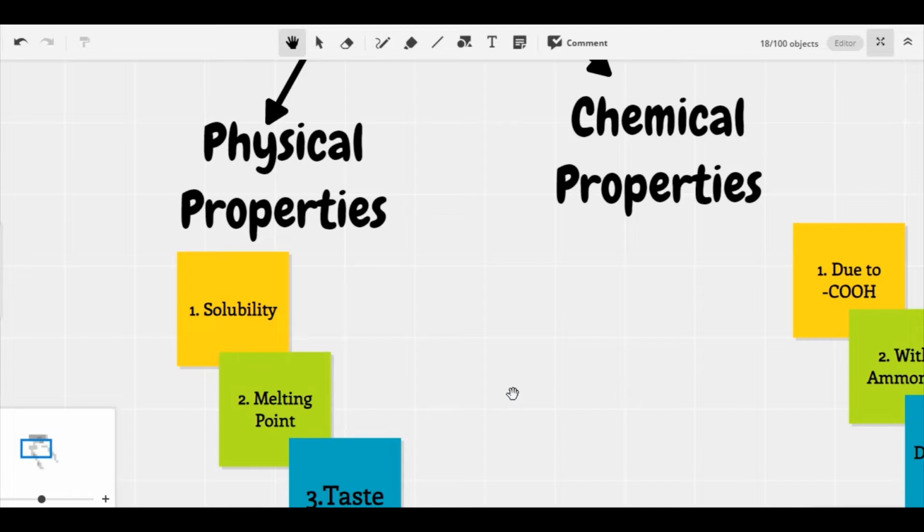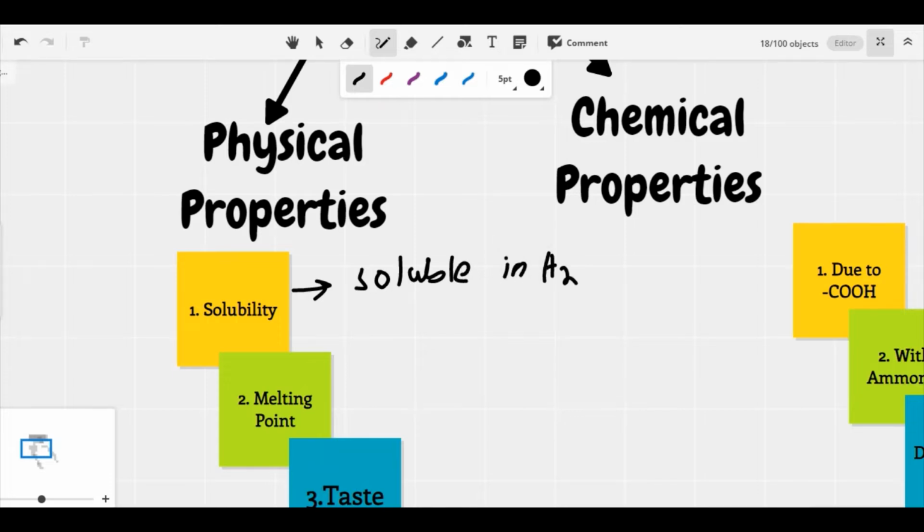So first of all, for the physical properties, in case of solubility, you have to remember that most of the amino acids are soluble in water and insoluble in organic solvents.